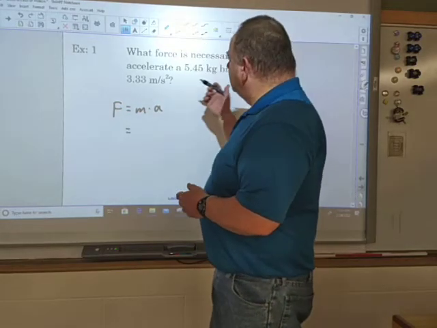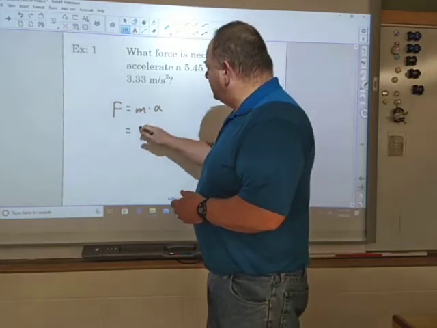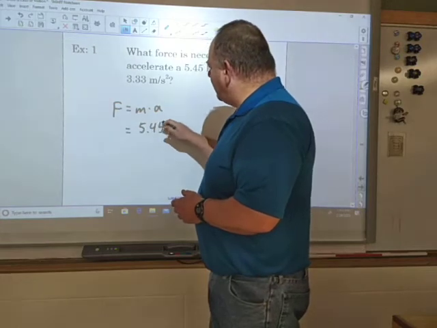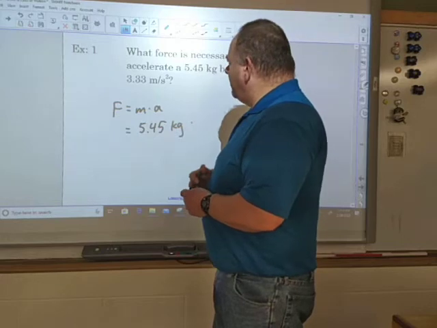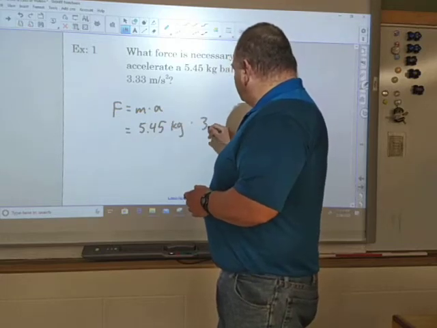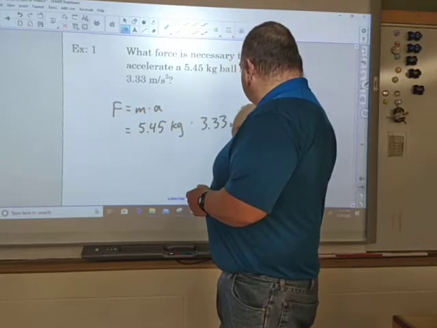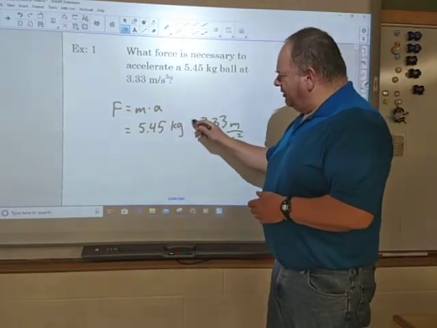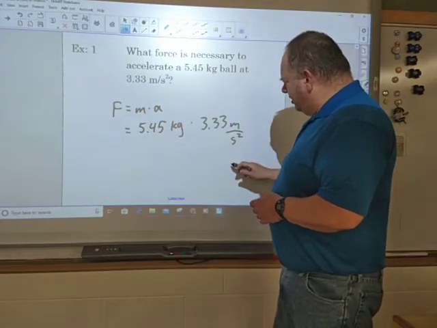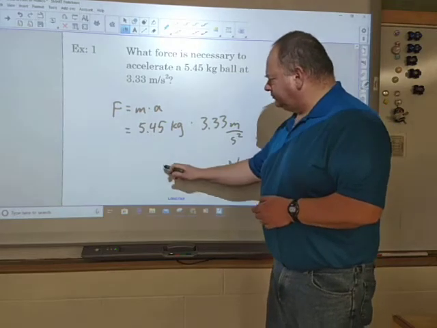Now I'm looking at my mass, which was 5.45 kilograms, and my acceleration, which was 3.33 meters per second squared. A kilogram times a meter per second squared is a Newton.